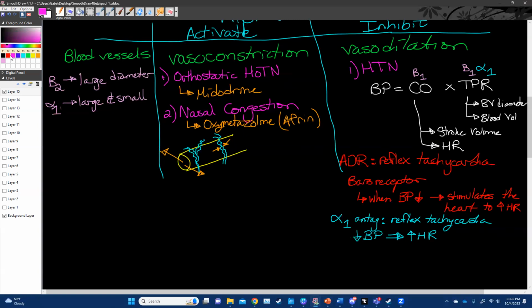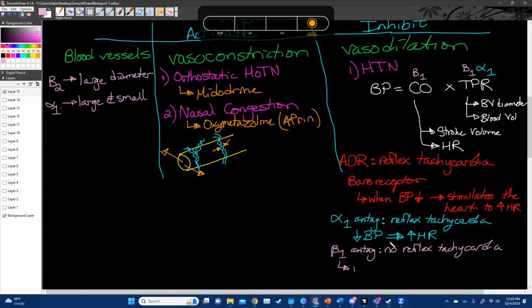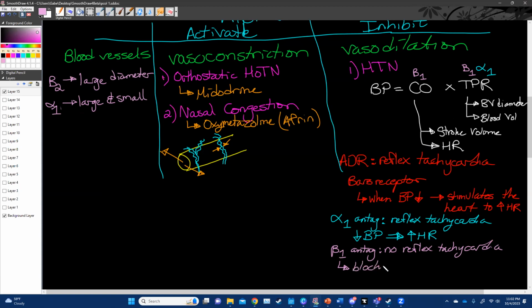Why doesn't this happen with beta 1 antagonists? So with beta 1 antagonists, we get no or very minimal tachycardia. And the reason for this is that they are not only decreasing the total peripheral resistance, but they're already blocking the heart rate, right?